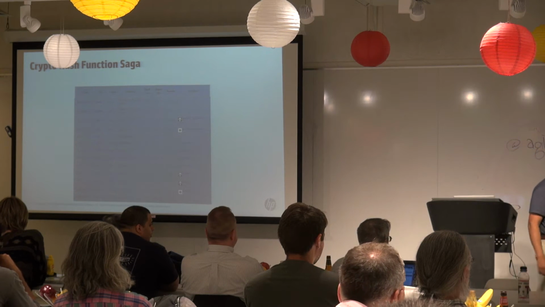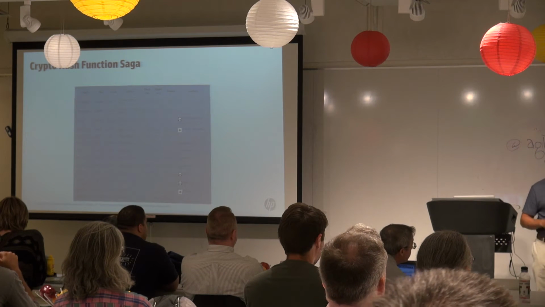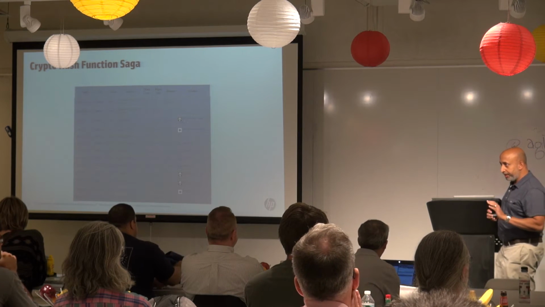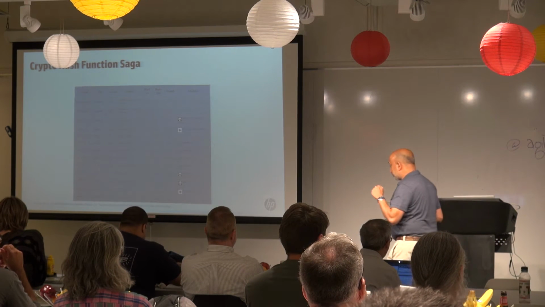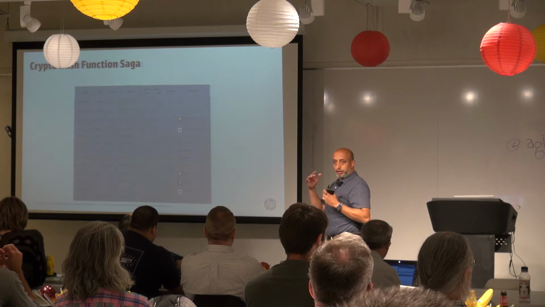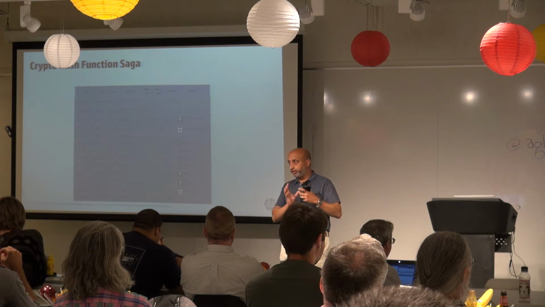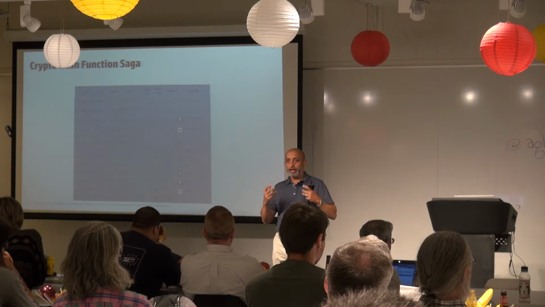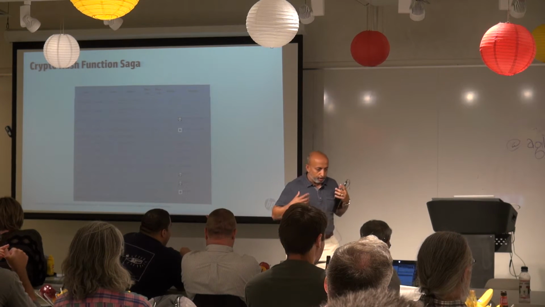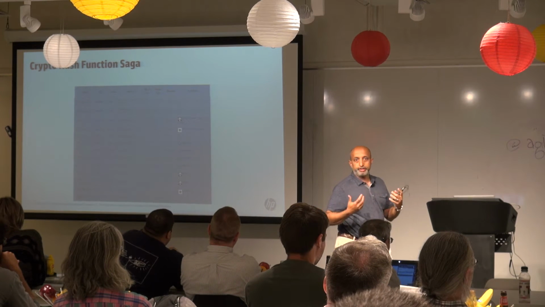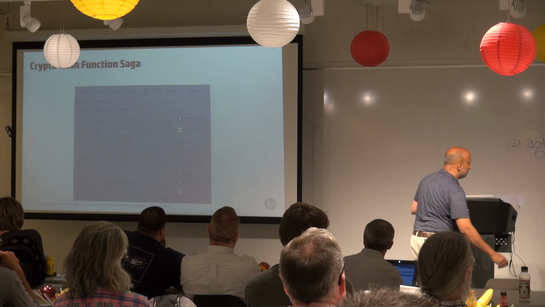The ones with the magnifying glasses are ones which are not broken yet, but researchers have studied slightly weaker versions of those hash functions and have characterized how much effort it will take to break these hash functions.